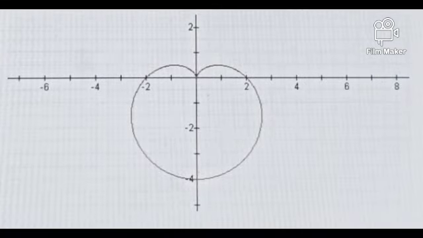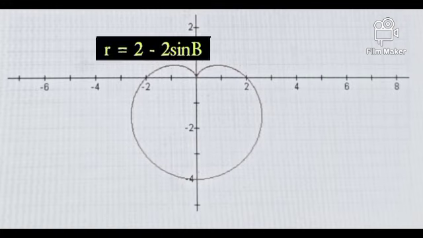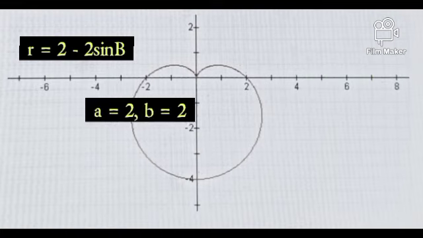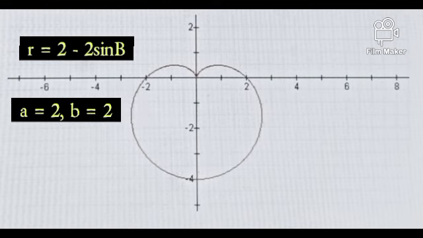This graph is also a limacon. And the polar equation of this graph is given by r equals 2 minus 2 sine theta. For this polar equation, the value of a is 2 and the value of b is also 2.